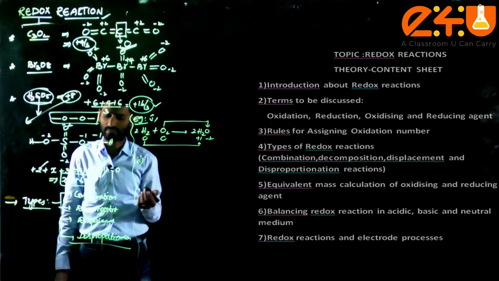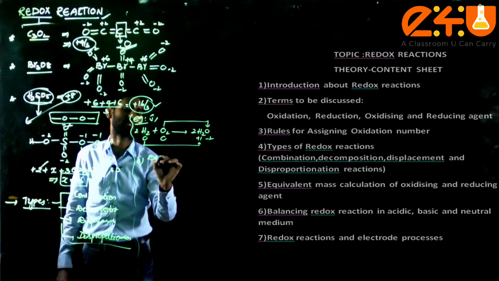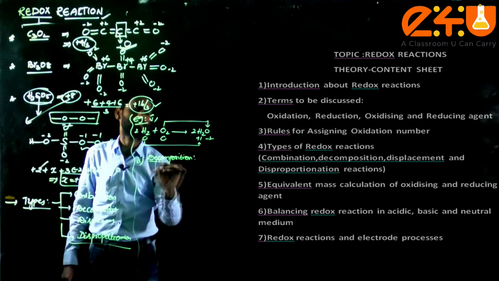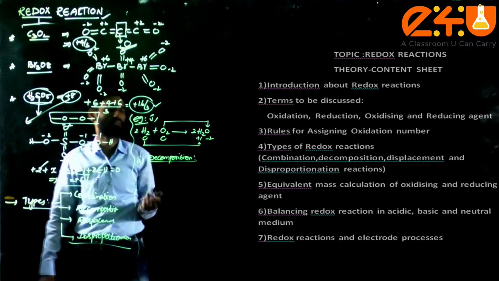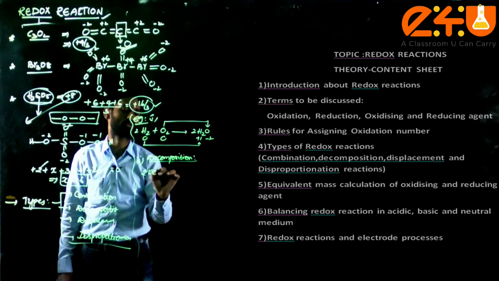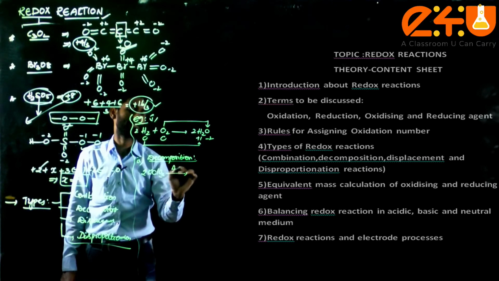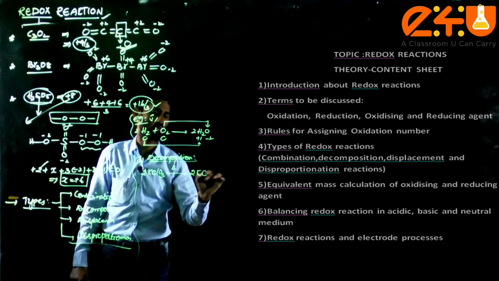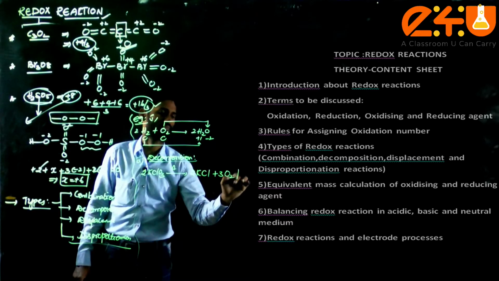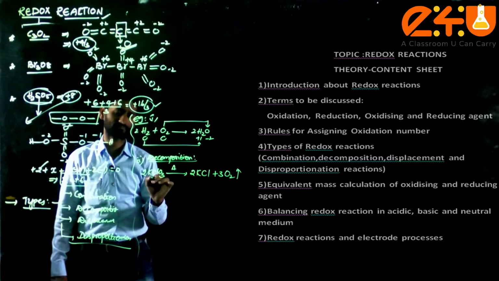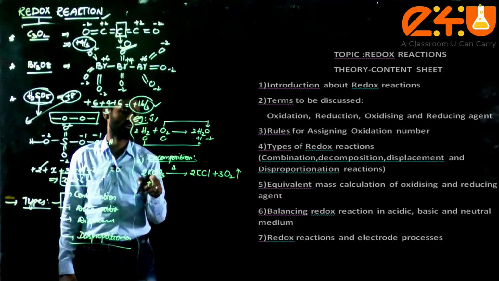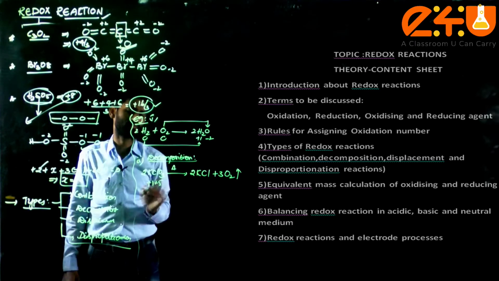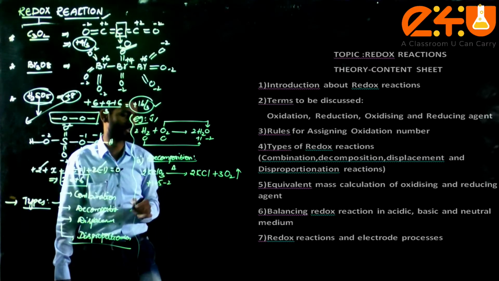Next, example 2, decomposition reaction. You already know that in decomposition one compound splits up into more than one compound. For example, thermal decomposition of potassium chlorate on heating forms 2 KCl plus 3 moles of oxygen.